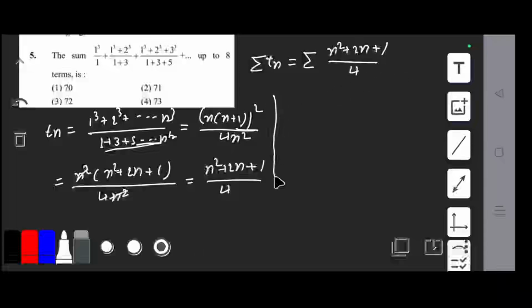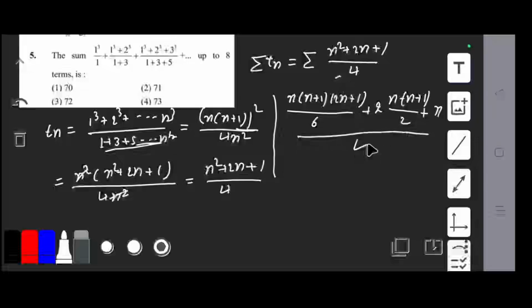So we know the sigma of n square formula is n into n plus 1 into 2n plus 1 whole by 6, plus sigma of n terms 2 into n into n plus 1 whole by 2, plus sigma of 1 n times, whole by 4.